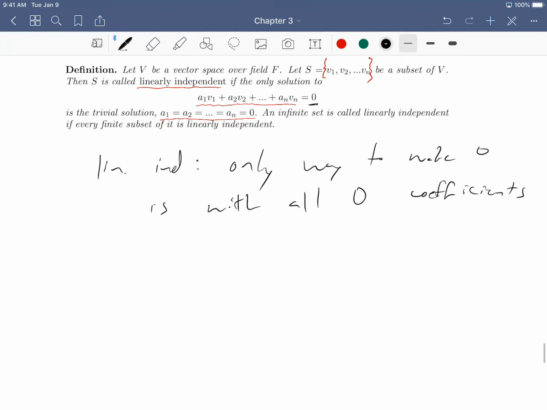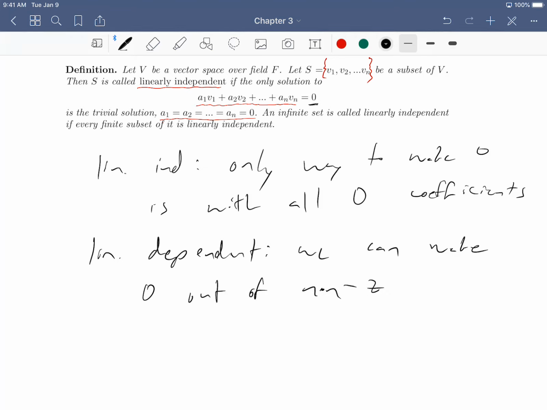And then we call it linearly dependent if we can make 0 out of a non-zero linear combination of the vectors. Let me fix that.